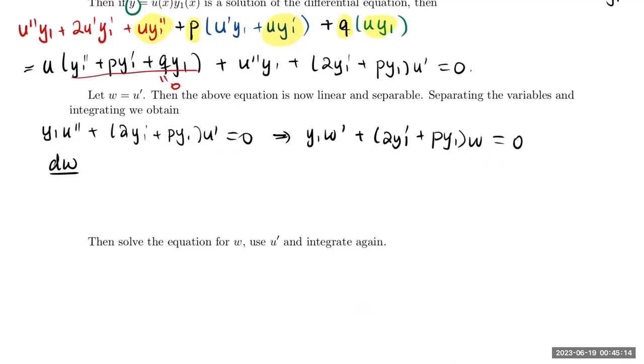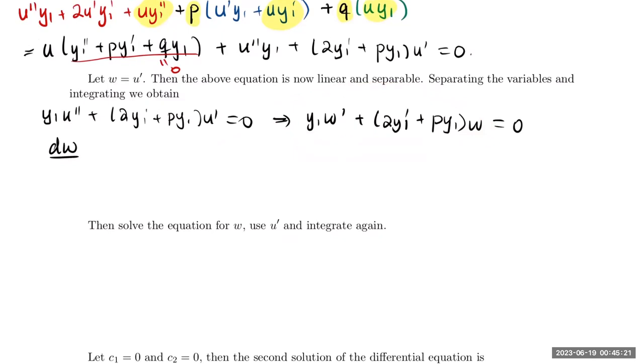So I'm taking this entire thing and rewriting it as a differential form. So what I have is dw divided by w, plus 2 y1 prime divided by y1, and I will also have a plus p dx. All this here should equal 0, right?